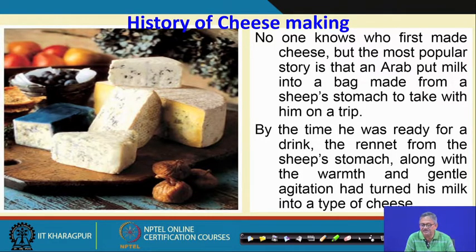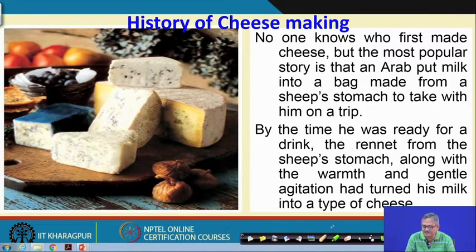By the time he was ready for a drink, the rennet from the sheep's stomach, along with the warmth and gentle agitation, had turned his milk into a type of product known as cheese. Subsequently, it was known as cheese.